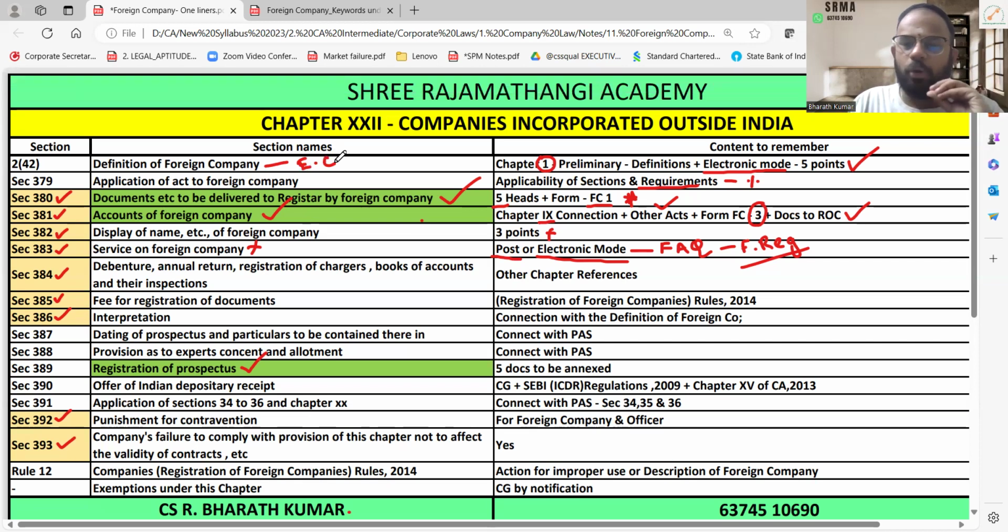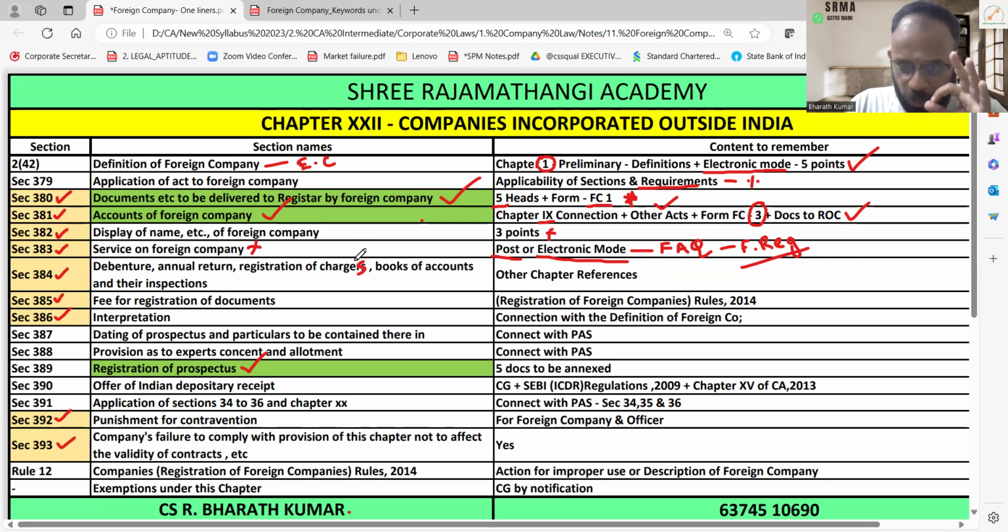Section 384 is about your debentures, annual returns, registration of charges, books of accounts and inspection, with references to other chapters. Debentures will come in chapter 4, annual returns in chapter 7, registration of charges in chapter 6, books of accounts in chapter 9, and inspection.